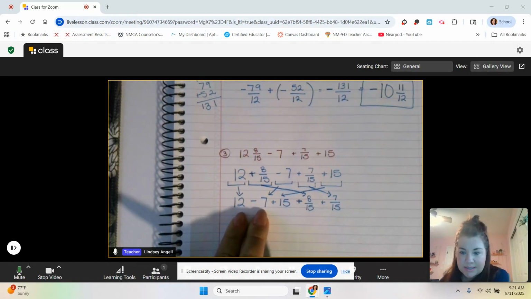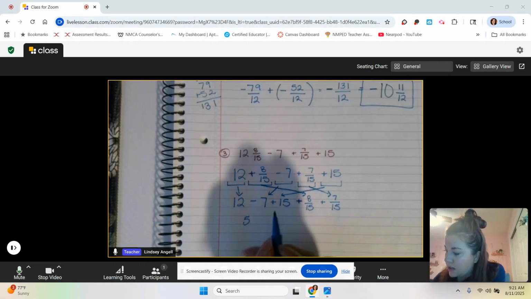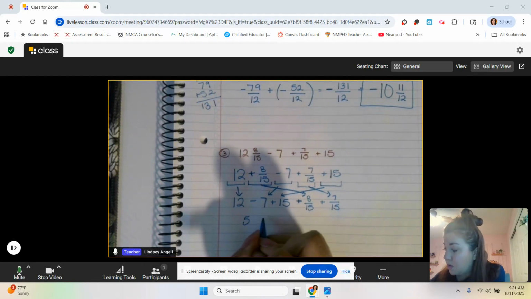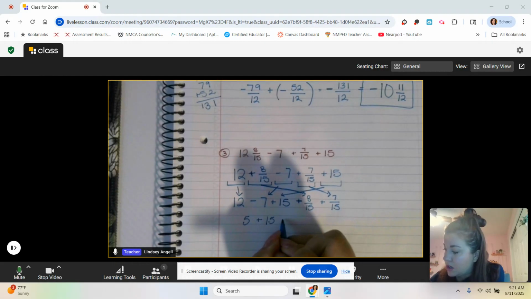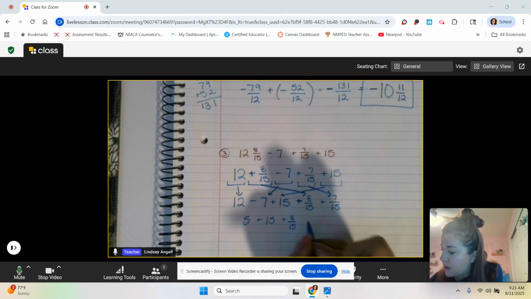What's 12 minus 7? 12 minus 7 is 5. Now, I always rewrite everything. It keeps me organized. It makes me confident in knowing I'm not forgetting anything. So even though all I did was one step, I'm still going to rewrite the whole thing.